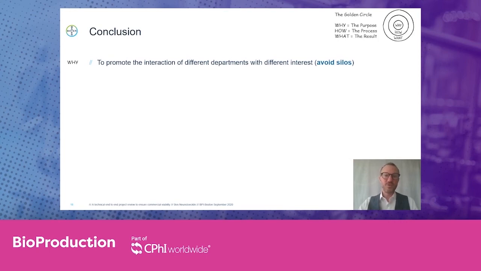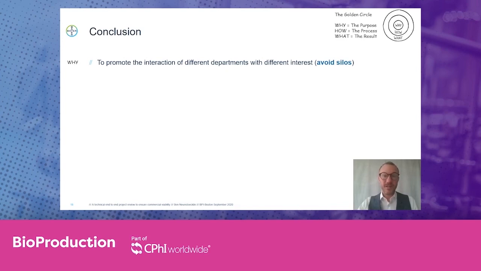So in conclusion, we can go back to the purpose of this exercise: to help others in need, or more precisely, in the case of this assessment, to promote the interaction between departments which have different interests, and to enable fast to market and fast to the patient.